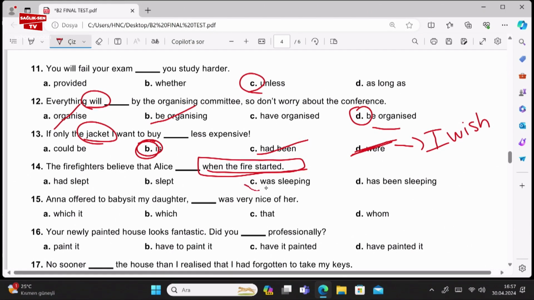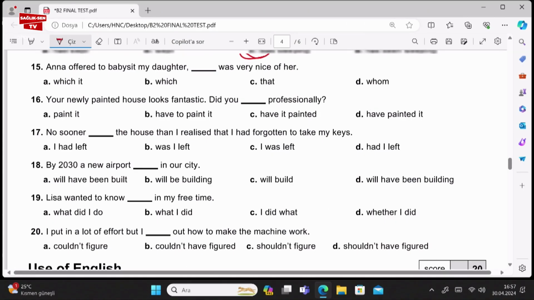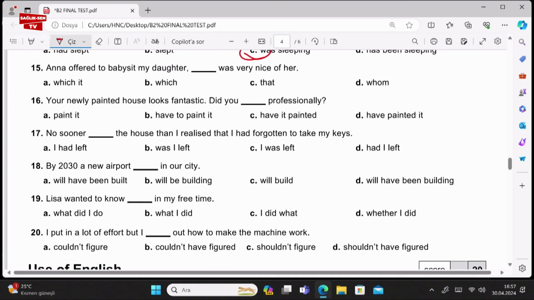So we are going to choose the past progressive tense. Anna offered to babysit my daughter, blah blah was very nice of her. We have this case which we are defining the whole sentence. This was a rule. The correct answer is which?